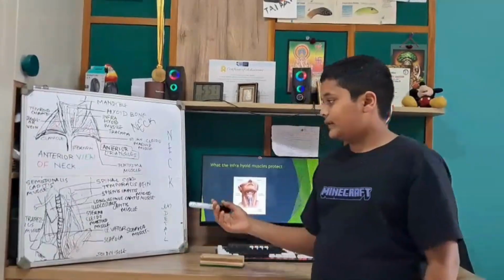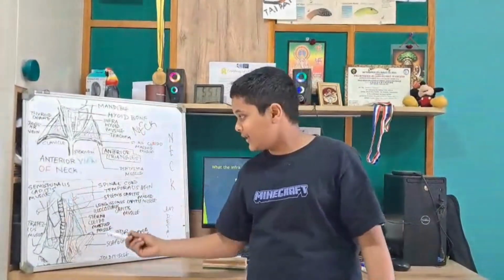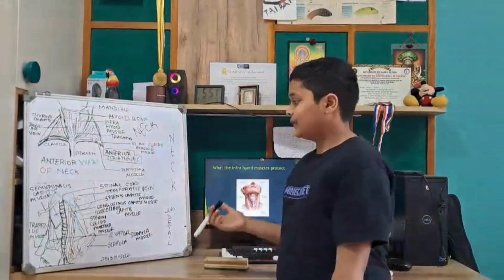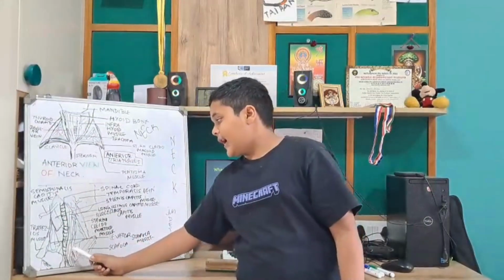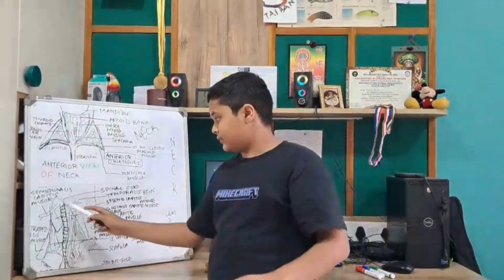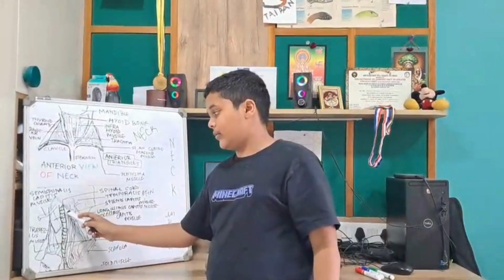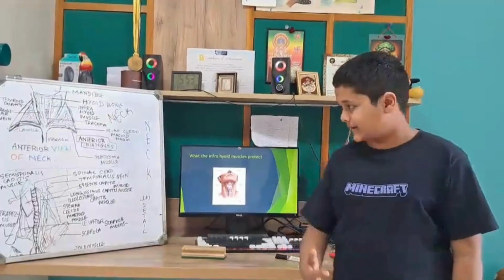Now one of the most important parts in the human body is, of course, the spinal cord. The spinal cord runs through the neck, and the top and the bottom, the starting two bones of the spinal cord are axis and atlas.